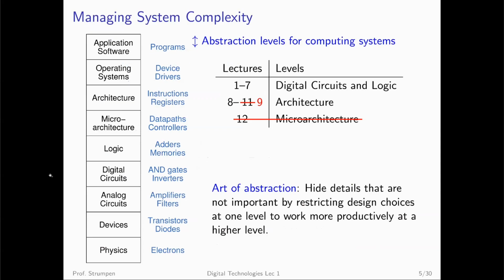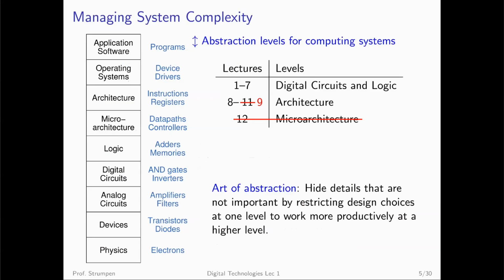It starts at the bottom with physics, where if you really would like to know how a digital system works, you better know how electrons behave at the electronic level, right? And it goes up all the way to the application software, which are programs that probably all of you know how to write already. And there was a lot in between.